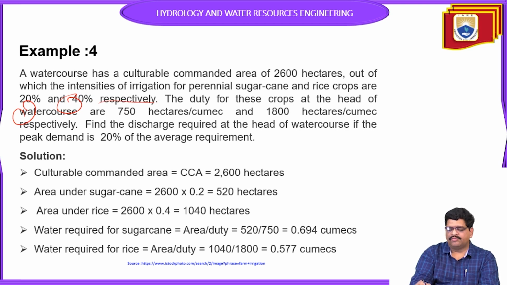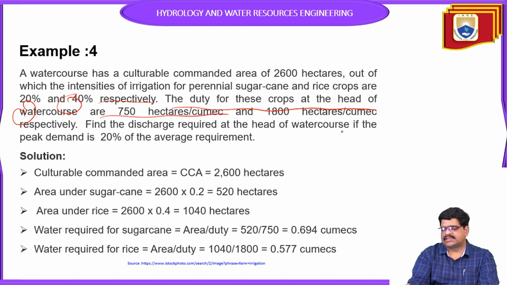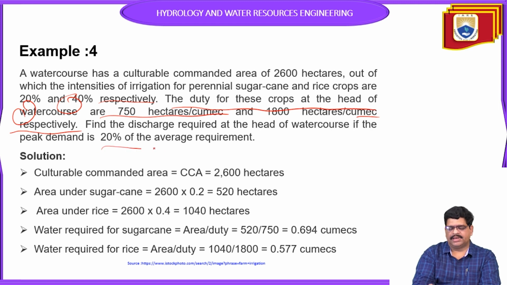The duty of these crops at the head of the water course are 750 hectares per cumec and 1800 hectares per cumec respectively. Find the discharge required for the head of the water course if the peak demand is 20% of the average requirement.